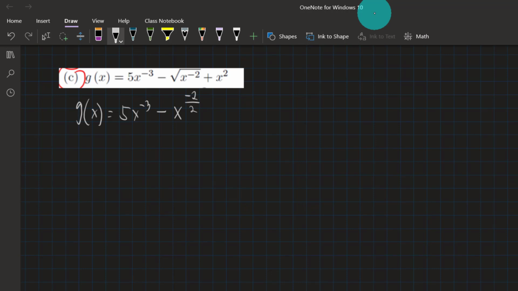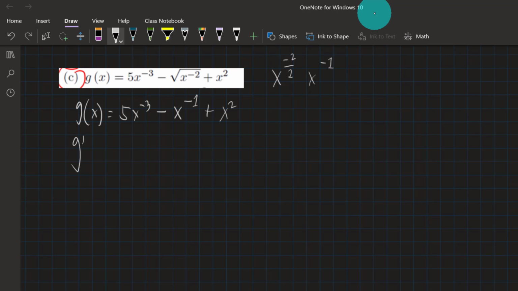O, diba? X raised to negative 2 over 2 is x raised to negative 1. O, instead of writing x raised to negative 2 over 2, gawin na lang natin siyang x raised to negative 1 plus x squared.